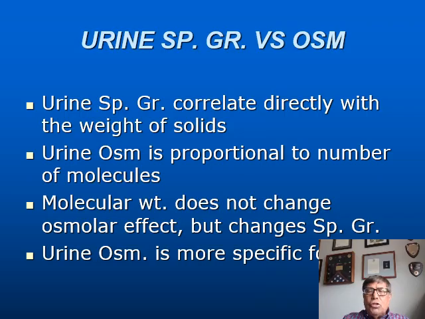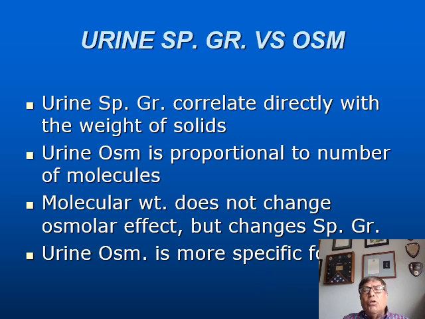There is always a question: which one is better, urine osmolarity versus urine specific gravity? Urine specific gravity, as I like to call it, is the poor man's urine osmolarity, but it is not the best, because urine specific gravity correlates directly with the weight of the solids in the urine.